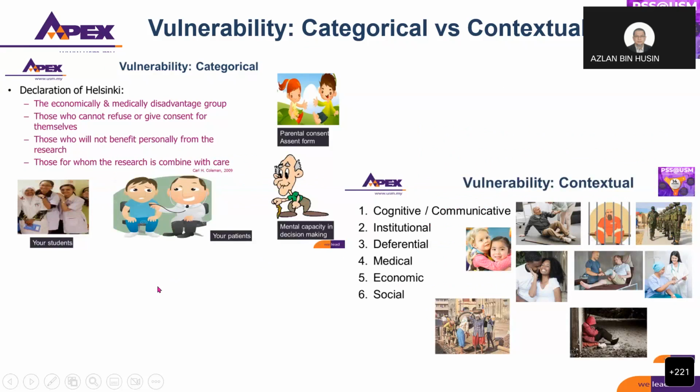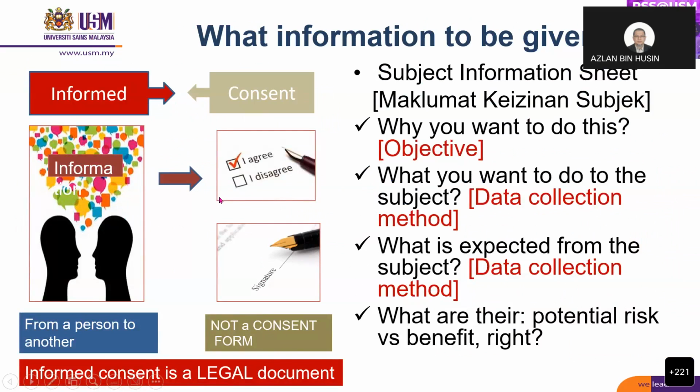This is what I meant earlier on, same thing, vulnerability, whether it's categorical or contextual, then you need to be able to address it depending on the study population that you are interested in. And a little bit on informed consent, what information to be given.